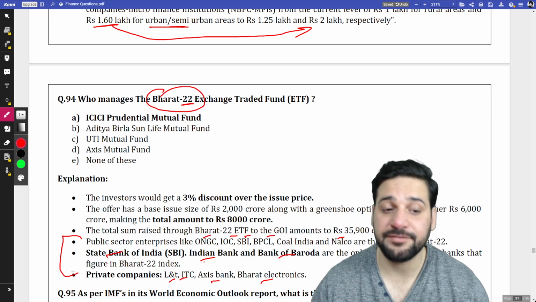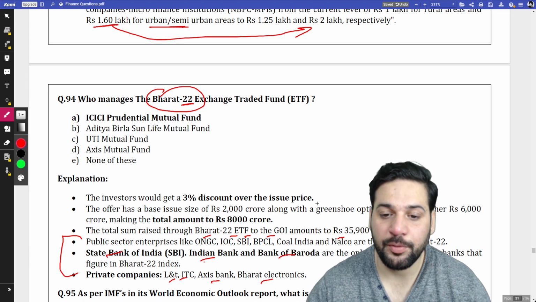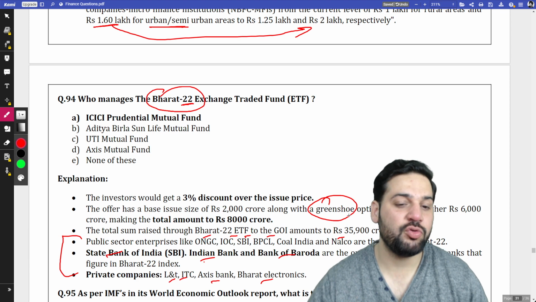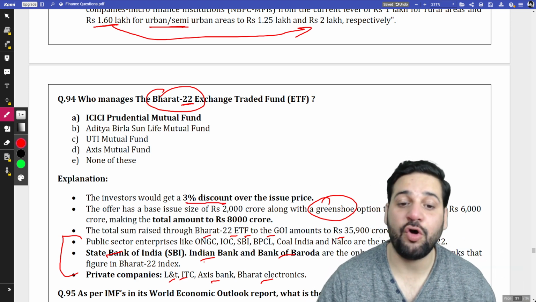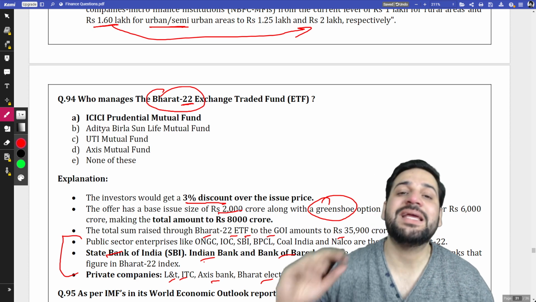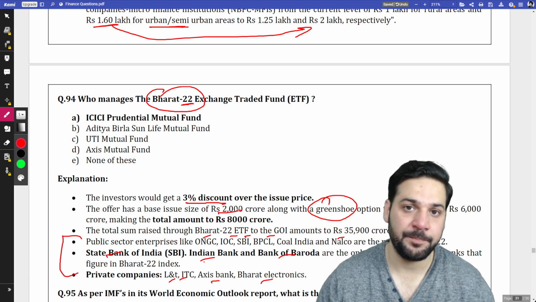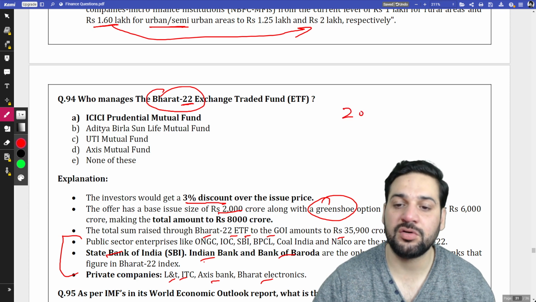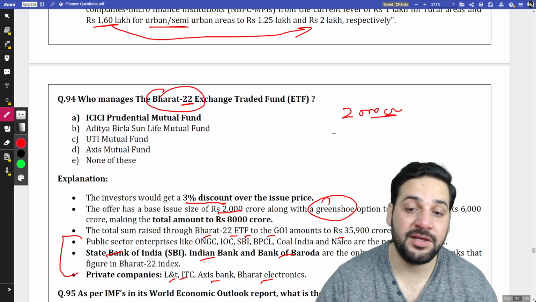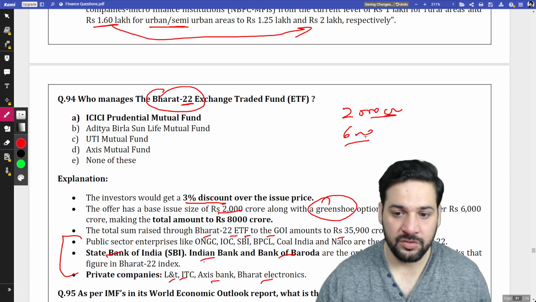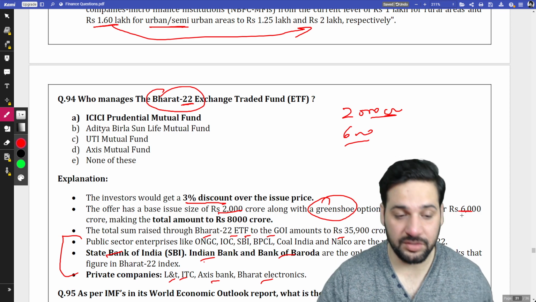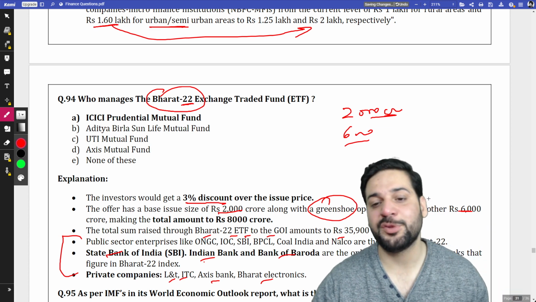Bharat 22 ETF. Now this one is important, the green shoe option. What is the green shoe option? The offer size is 2000 crore, and a 3% discount is to be provided. But in case it is oversubscribed, let's say the offer was 2000 crore only, and applications have been received for 6000 crore, they'll retain it. So there is a green shoe option of 6000 crore.